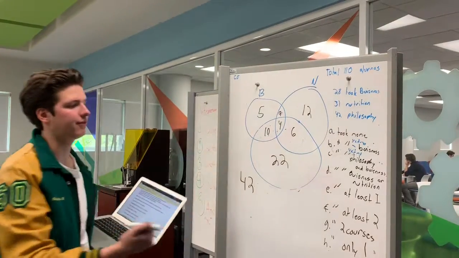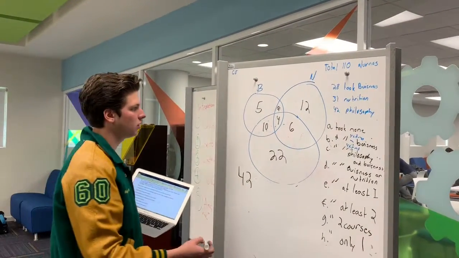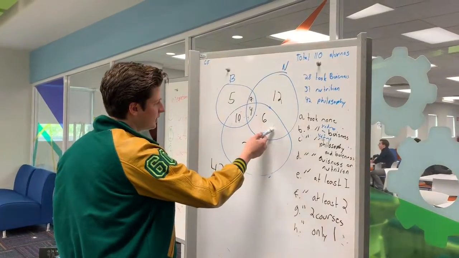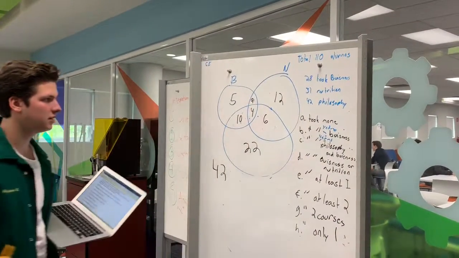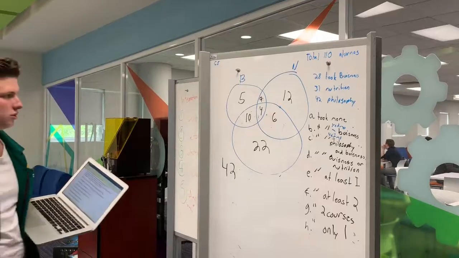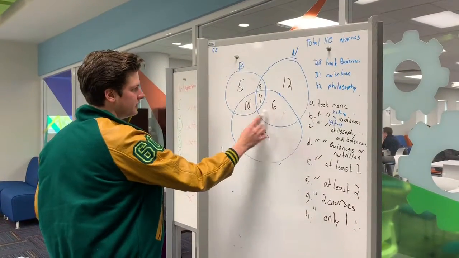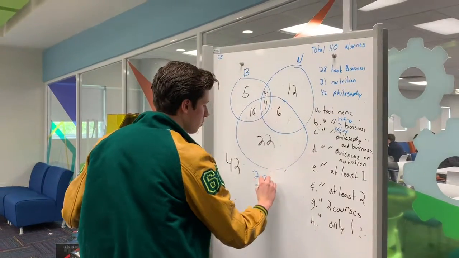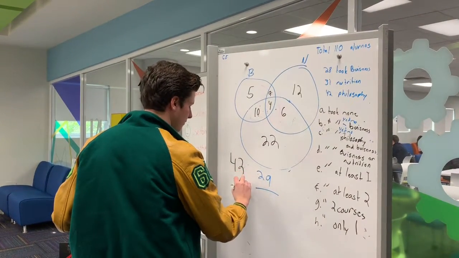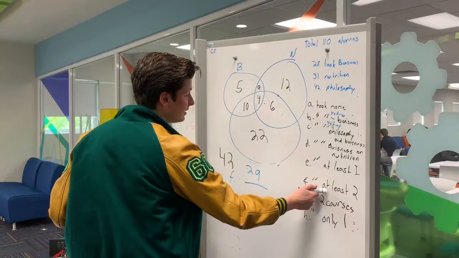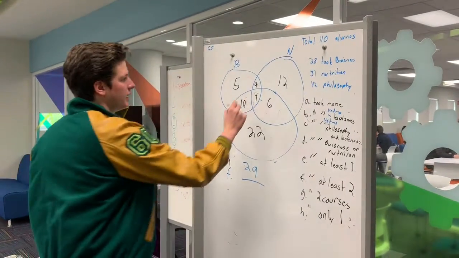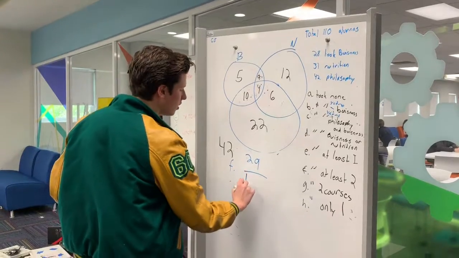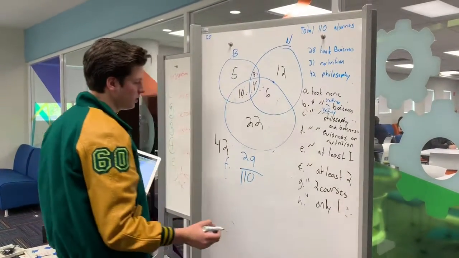We're in letter F, which is at least 2. So we add them up: 4, 13 plus 6, 19 plus 10, 29. So 13, 19, 29. So we have 29 over 110. Now we're making letter F because at least 2, and everyone here took at least 2 courses. So 29 over 110.